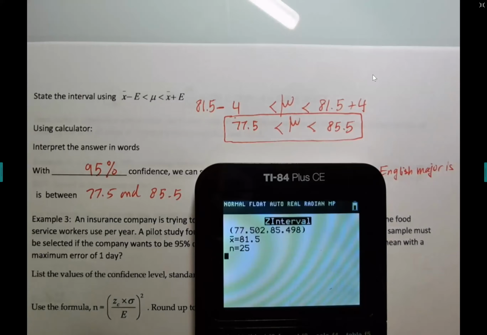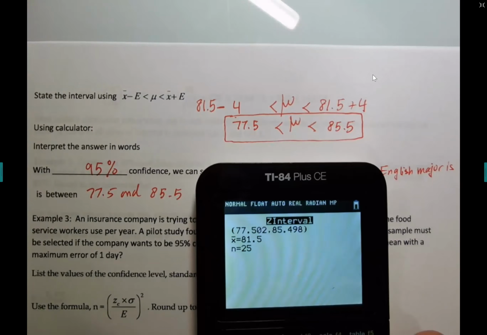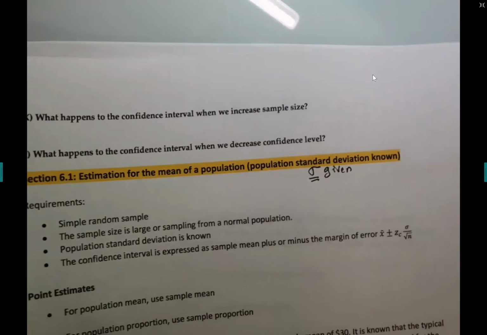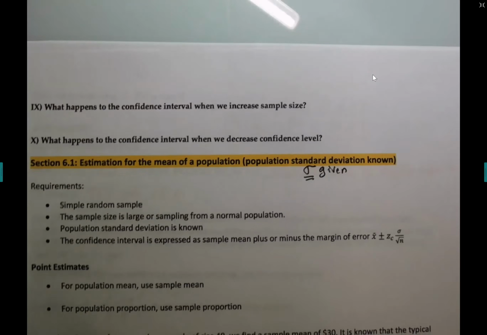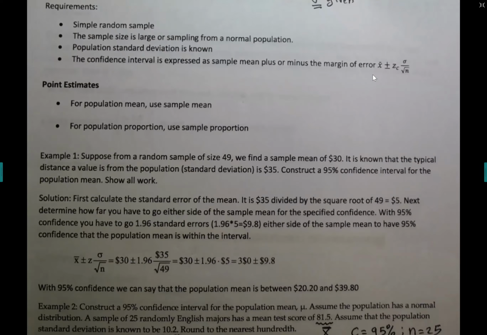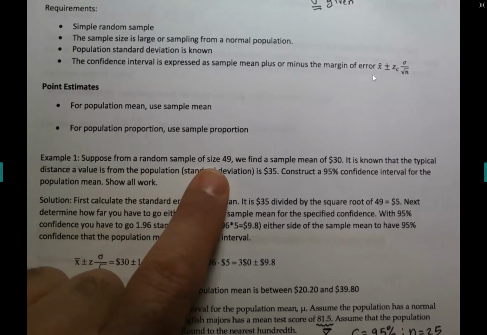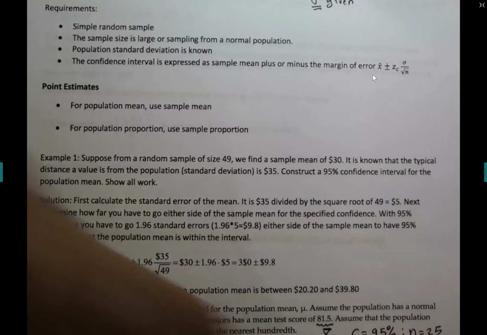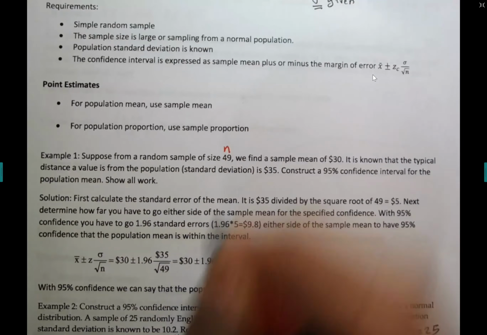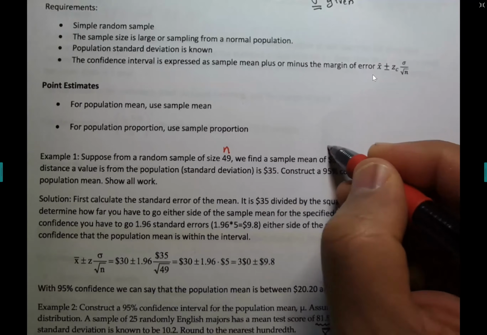All right. We're gonna do this exercise, example 1, using the calculator, and show you how you could find the interval. So in example 1, suppose from a random sample of size 49, so take notes, guys, this is N. We find a sample mean of 30, that's X bar.